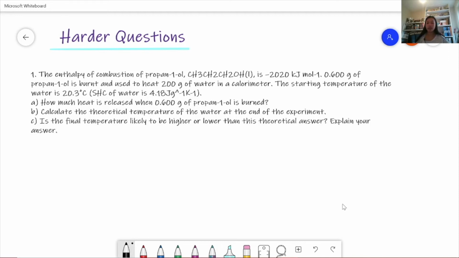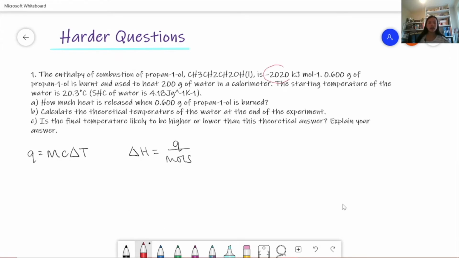Now, the first thing we do is we write out the 2 equations we know. So we know Q equals mc delta T, and we also know delta H equals Q over moles. And now we have a look at what information we have.